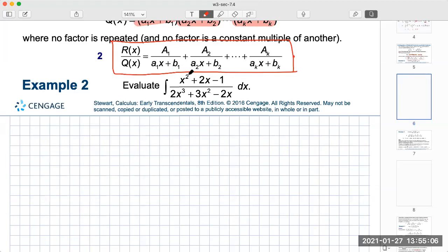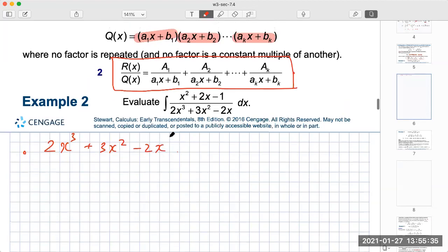Because the degree of this guy is 2, of this guy is 3, so we don't have to do long division, okay? But now, the denominator, let us take a look at this. So, can we write it as a product of linear functions? And how can we do it?